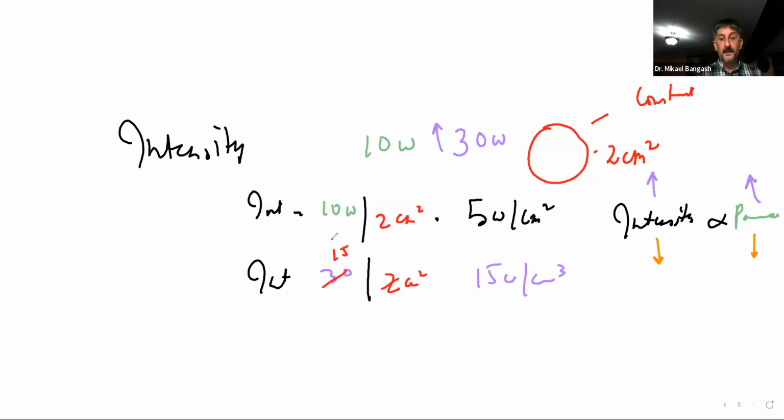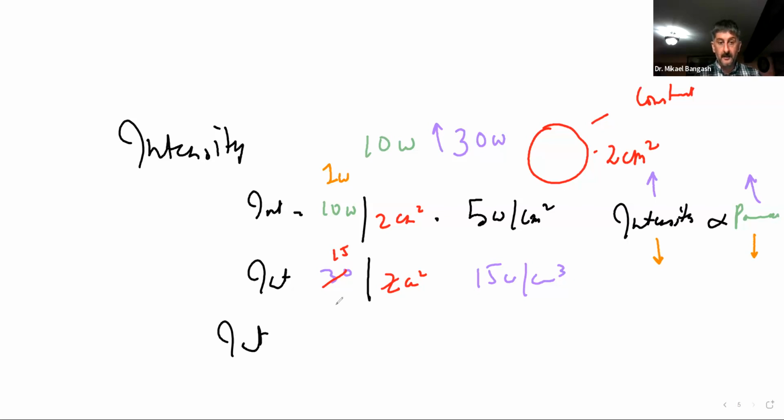Whereas if you go the other way and decrease the power. We had 10 watts, we decrease it, let's say we go down to 1 watt. Now you just put that into the formula and say, what's going to be our intensity then?